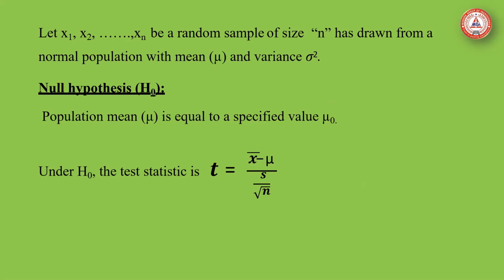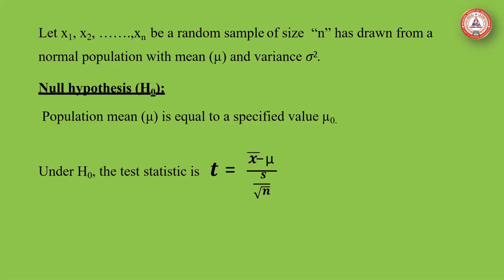Then under null hypothesis, the test statistic t is x bar, that is the mean, minus population mean. X bar is the sample mean, mu is the population mean, s is the standard deviation, and n is the sample size.